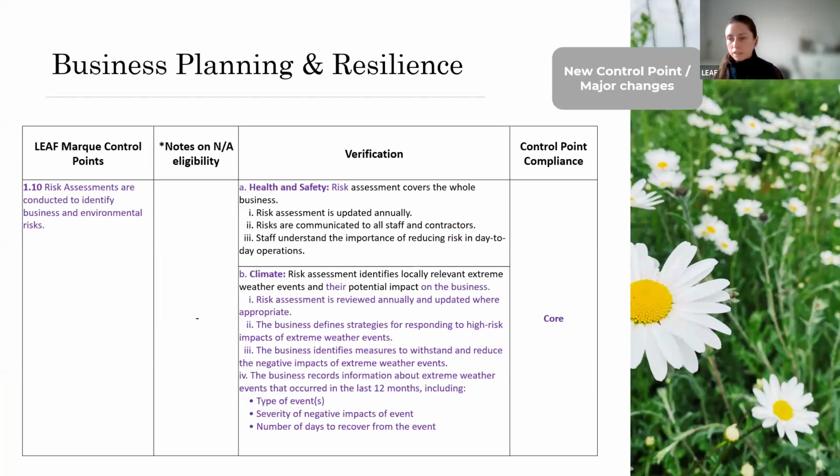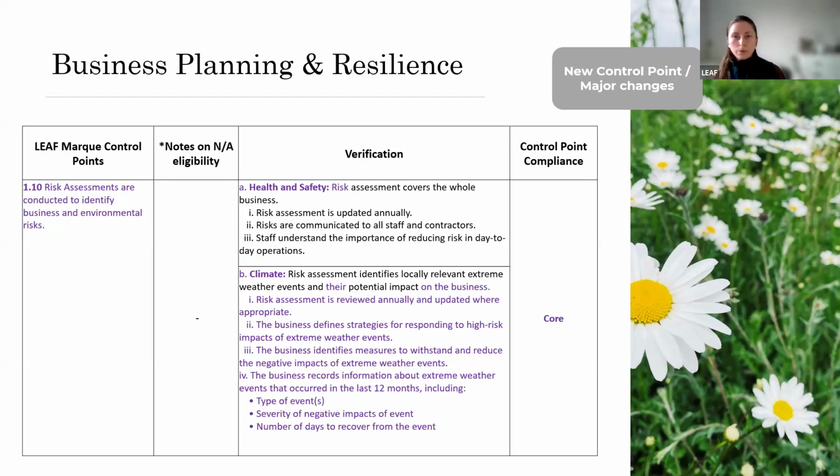So what we've done is we've collated all the different risk assessments into one control point, one section, for better clarity, and to then support that integrated planning across the rest of the sections of the standard and areas of the business, as planning for these different risks will apply to a lot of different areas of the business, not just one single area, likely.